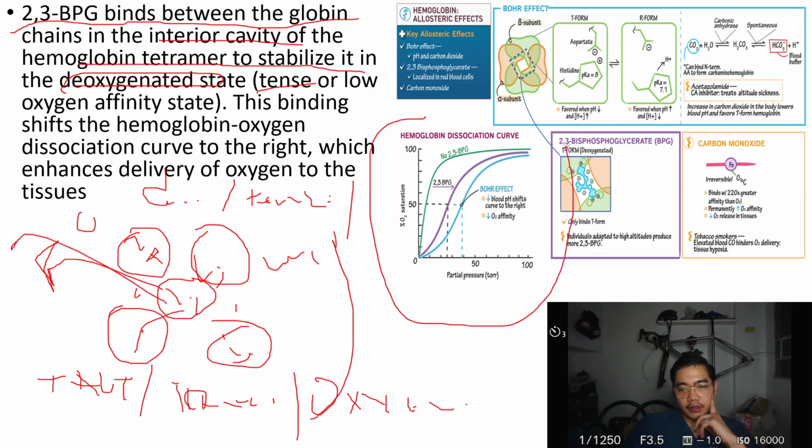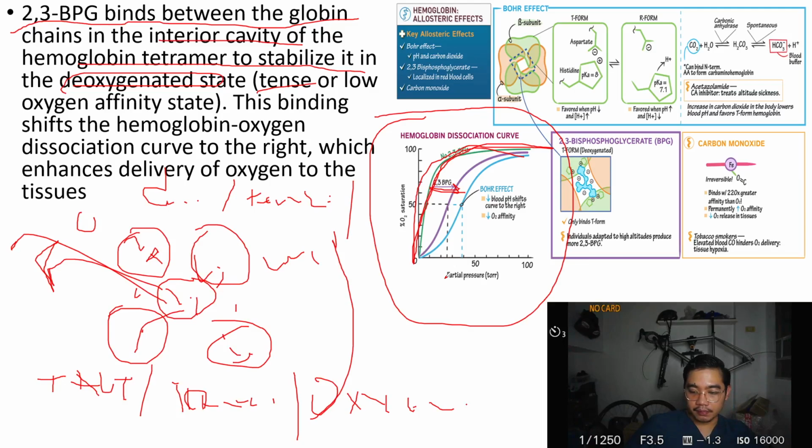So we have our hemoglobin dissociation curve. Without 2,3-BPG, this is our oxygen pressure, no? Oxygen saturation. But since we added 2,3-BPG, this dissociation curve will now shift to the right, no? So what does that mean?